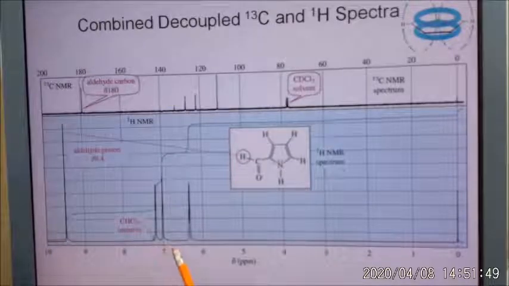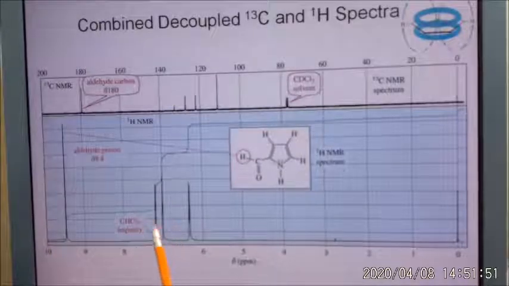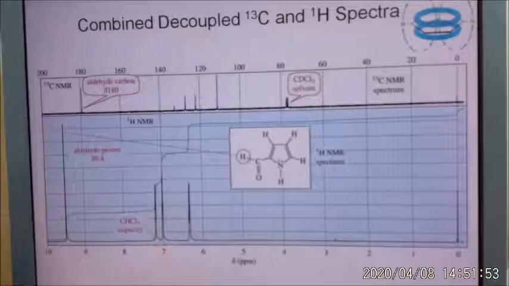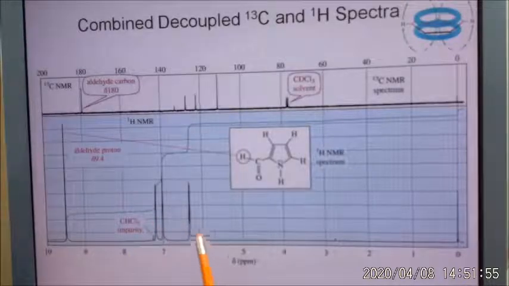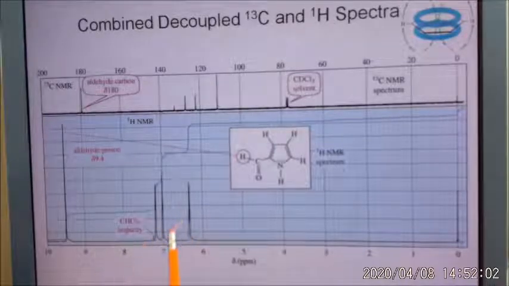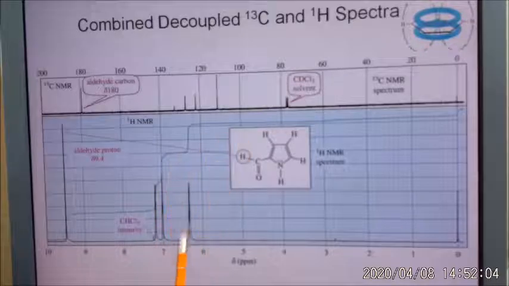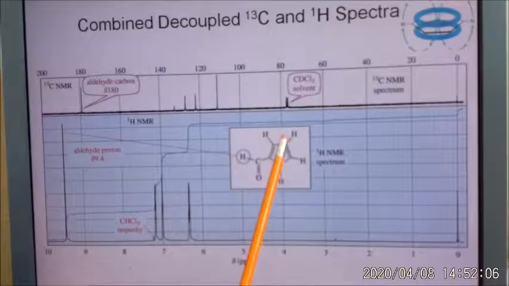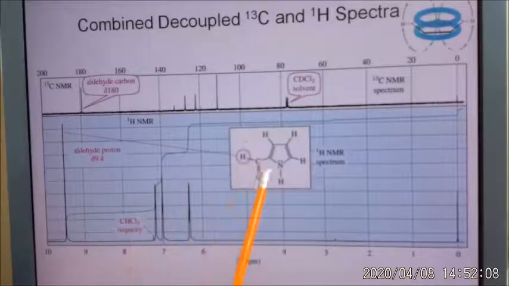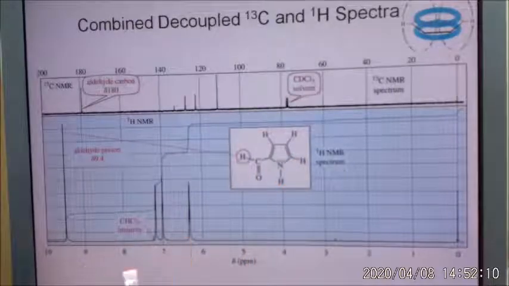So what about these guys? Well, this is the aromatic region. And we're looking at aromatic, what is this guy? So I have hydrogen, hydrogen, hydrogen, 1, 2, 3, 1, 2, 3. This hydrogen's probably close to here.